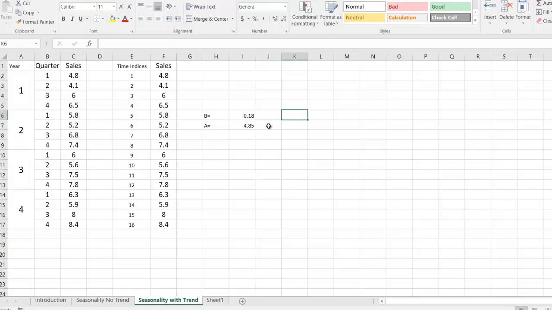Therefore, the equation of the trend line, Y equals 0.18 times X plus the Y-intercept 4.85. This will be the equation we're going to use in order to make a forecast for period 17 to 20 of year 5.